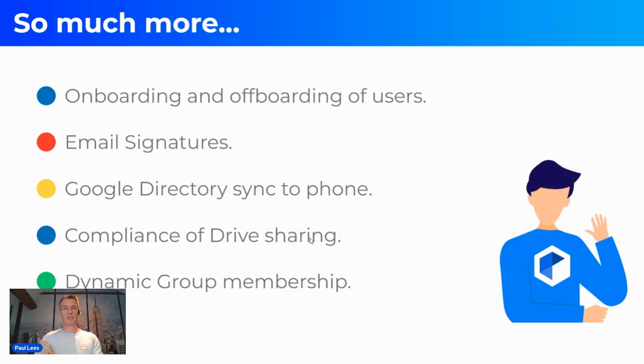We can replace those solutions and give you a whole lot more, such as user on and offboarding, email signature, again, the directory contacts is mentioned there. We've also got the ability to have Google Drive compliancy around the ability to check to make sure that your organization is not oversharing its data through Google Drive. And we also have the ability to manage Google Groups so that we make your Google Groups fully dynamic.